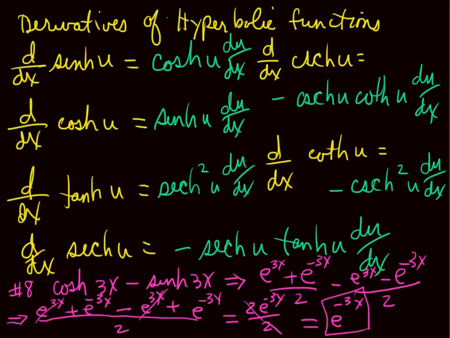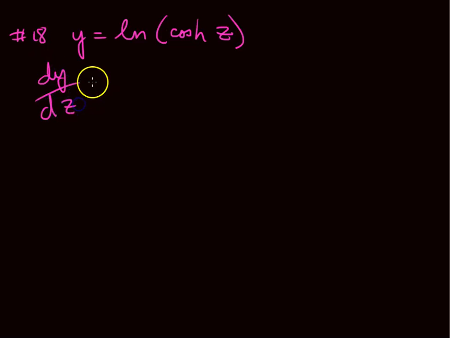Let's do one where you take the derivative. This is number 18. Find the derivative given y equals ln cosh z. So what is dy/dz?